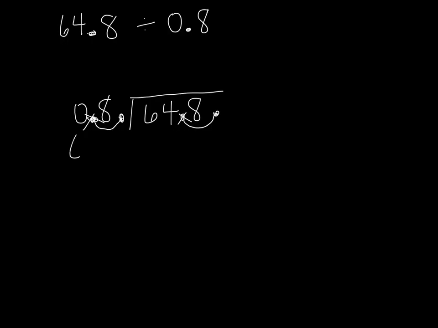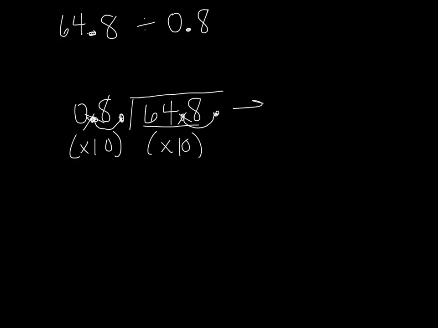And really what I did was use a power of 10. If I multiply 8/10 by 10, it becomes 8. If I multiply 64 and 8/10 by 10, it becomes 648. And just as I saw in the beginning problems, just because I'm adding powers of 10 or taking away powers of 10, my distance between those two numbers remains the same.